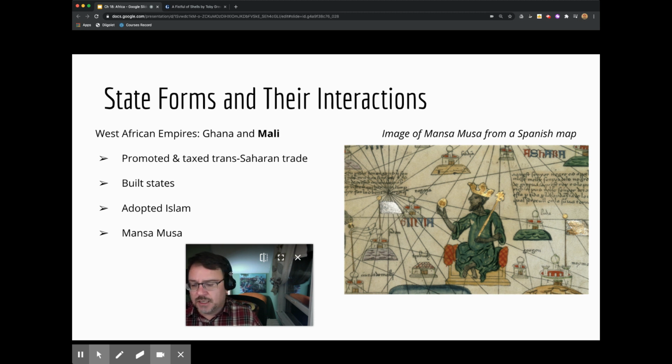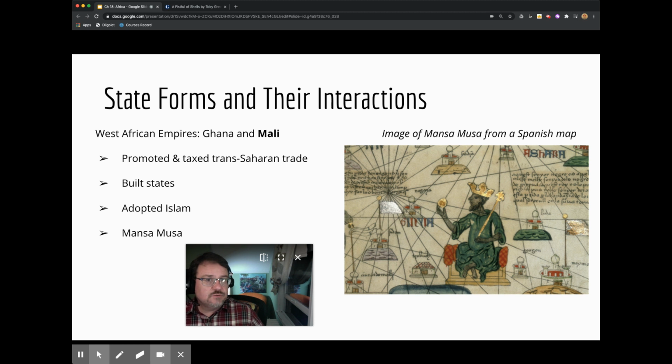So this is a trading hub where gold from further south and salt from further north were key items in an exchange network that also included goods coming from a long way away. So Indian textiles, for example, made their way into West Africa. West African textiles made their way out.